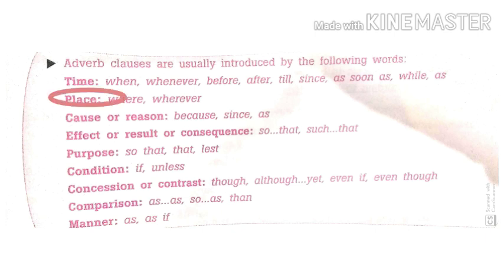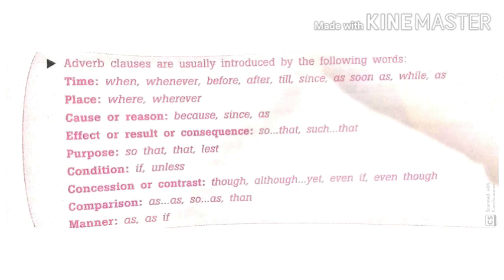Cause or reason, we did this example recently. Because, since, as. I told you the example of reason, isn't it? He emerged a winner because he had worked steadily. So over here it was the adverb of reason and we started it with because. Effect or result or consequence. Consequence means natija. So that.